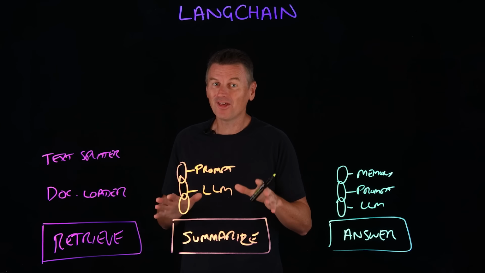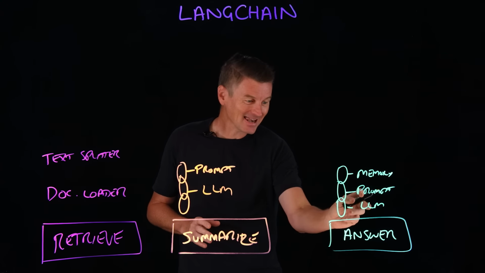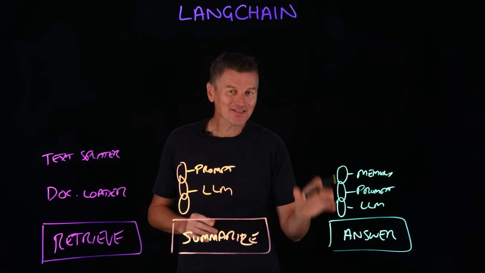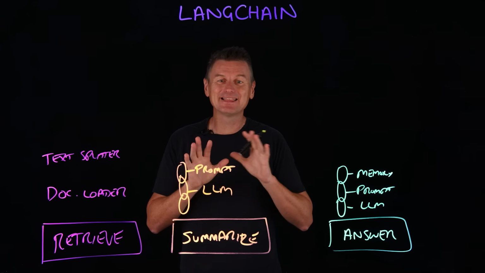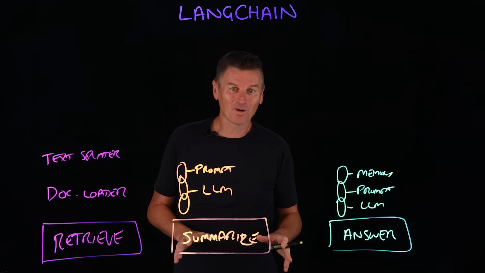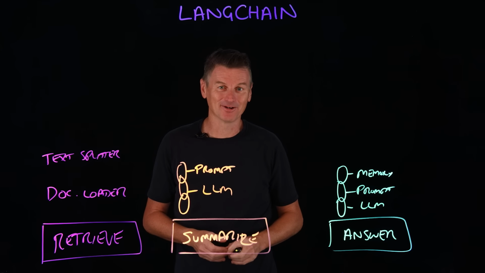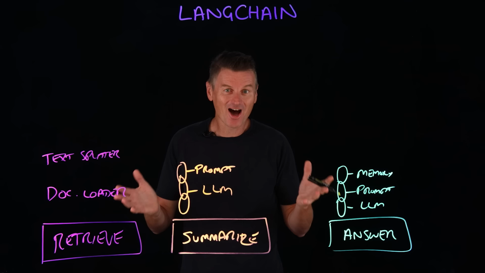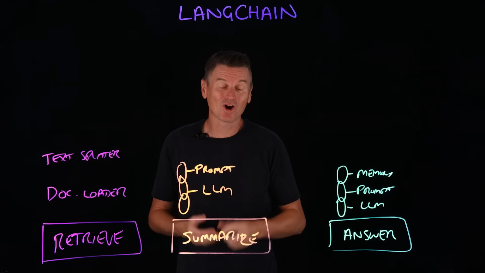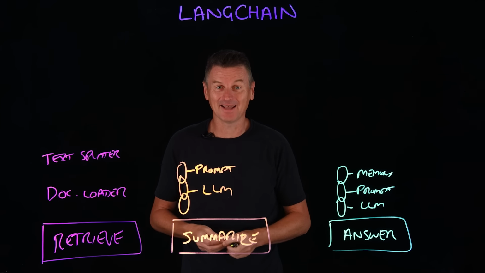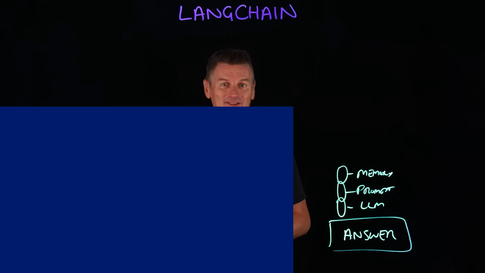And the cool thing here is that the LLM that we use for the answer component may be a completely different large language model to the one we use in the summarize component. LangChain's modular architecture lets us build complex workflows by combining these high-level components.